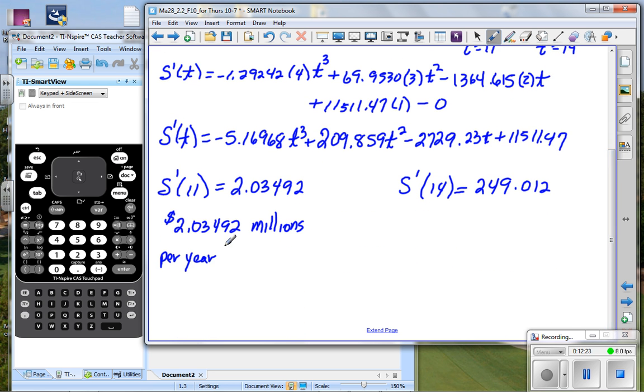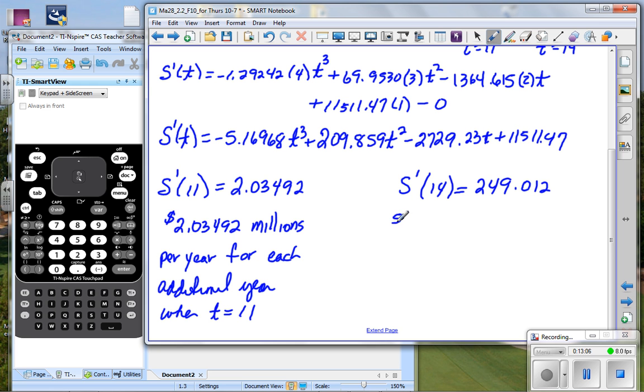Yes, per year, for each additional year when t is equal to 11. In other words, this is the amount in output that we're going to get for each additional year. This is the instantaneous rate. So in 2001 the sales amount was increasing by this many million per year.